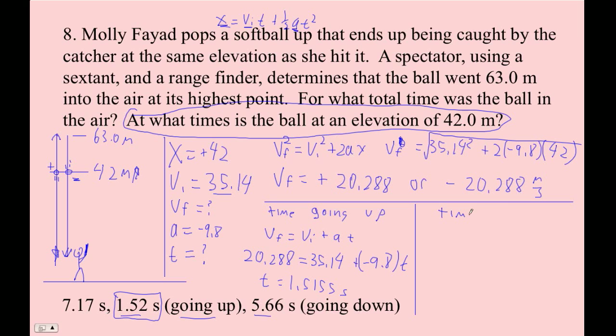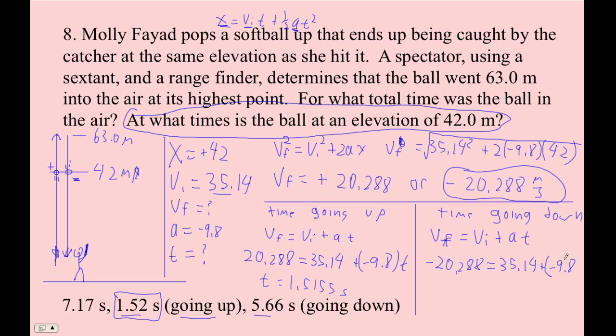For the time going down, we use exactly the same formula: VF is equal to VI plus AT. The only difference is that now it's negative 20.288. Now you might think mathematically that you'll get the same answer, but you're wrong. Negative 20.288 equals 35.14 plus negative 9.8 times t. You're wrong because when I subtract the 35.14, it becomes a big negative number.